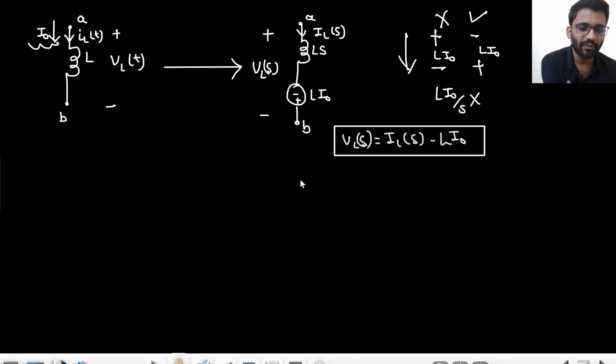Now there is one more way of writing it. What is that? Initially it is having a current of I naught, right? And the direction is from up to down. So it is I naught by S. And what is the resistance provided? That is Ls.